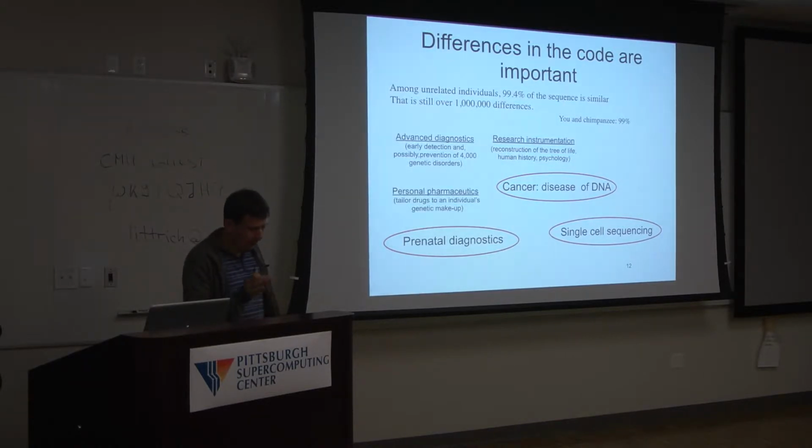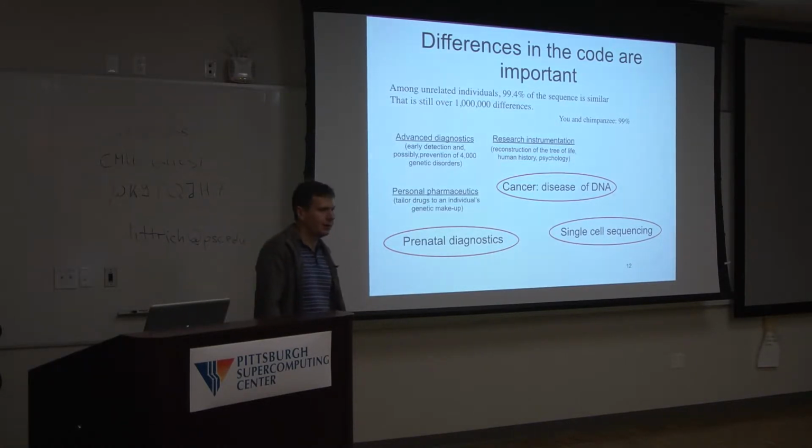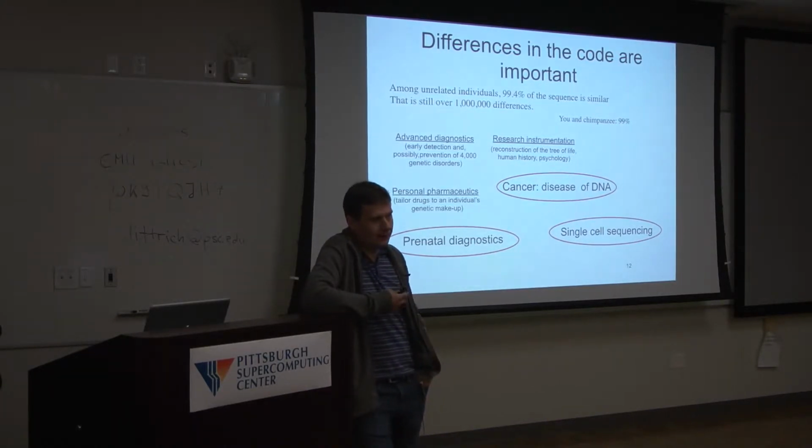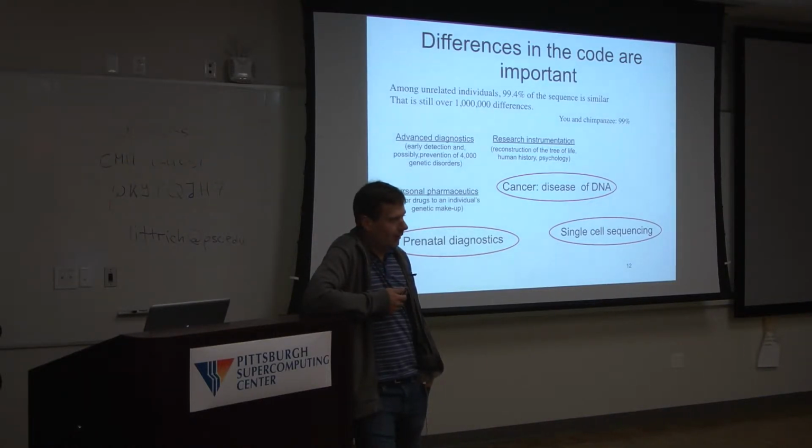But let's say you can do it routinely. What would you do with that? One thing is that you would sequence genomes just to know what your predispositions are for over 4,000 diseases. So that's good to know. Next, whole genome sequencing is really important for developing cancer therapies.